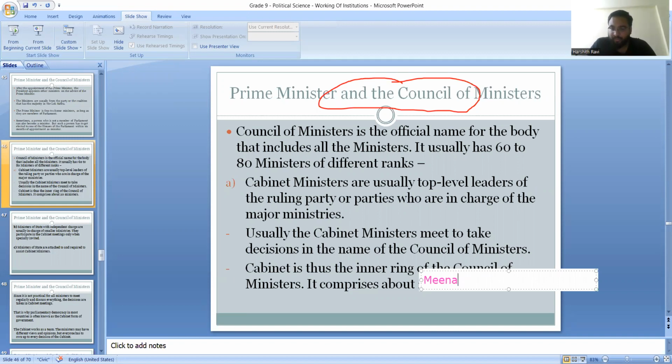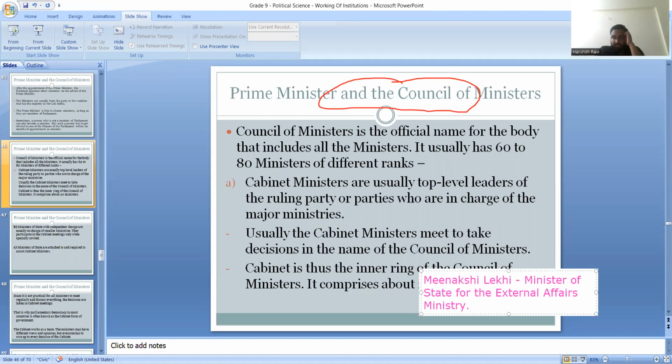Just to give you some relevance, right? So Meenakshi Lekhi, she is the minister of state for the external affairs ministry, right? Minister, I'm so sorry. Ministry, great. Okay. So here we are, Minister of State for the External Affairs Ministry, right?